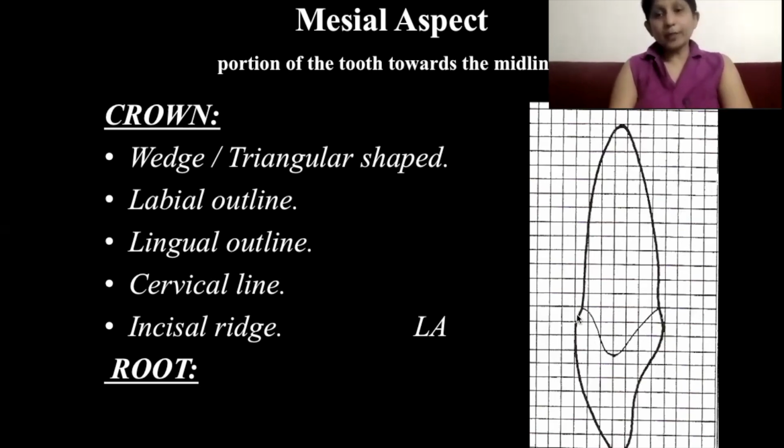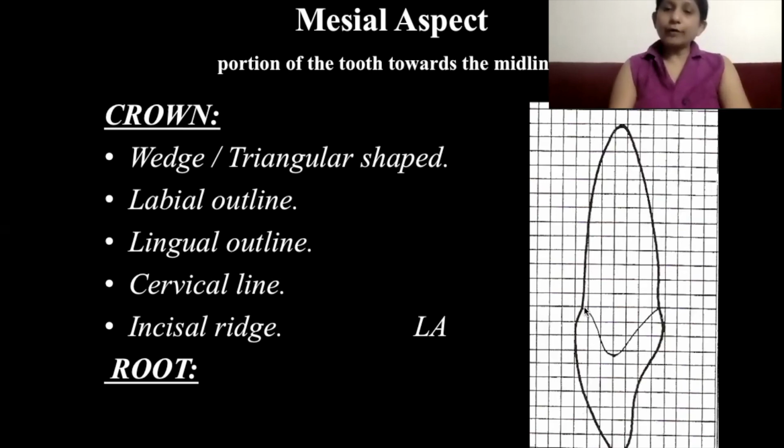Now, if I speak about the labial outline, before that, I have to divide the crown into three parts. Similarly to what I did in the labial aspect, I would divide the mesial aspect also into three parts. The first part, which is close to the cervical line, is called the cervical third. Then we have the middle third, and then the incisal third.